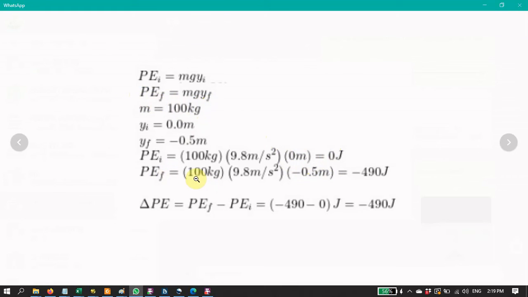Let's say it's below it, right? Based on the common coordinate system that we use, y is positive vertically upward, and negative is downward. So in that case, the final potential energy is about minus 490 joule. So the change of potential energy will be minus 490 joule.